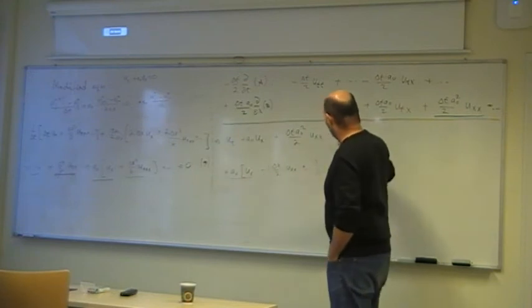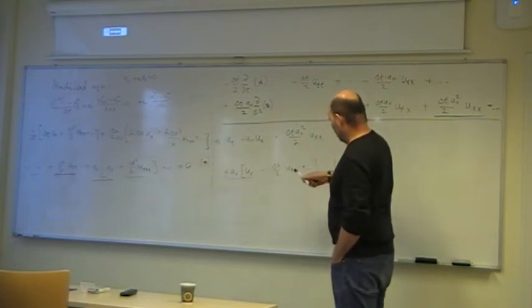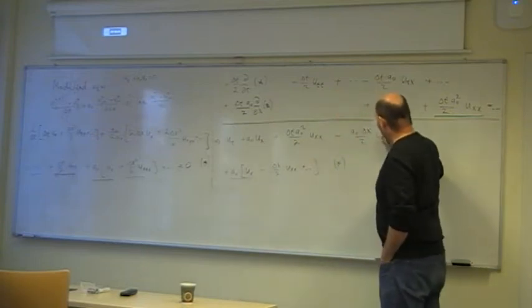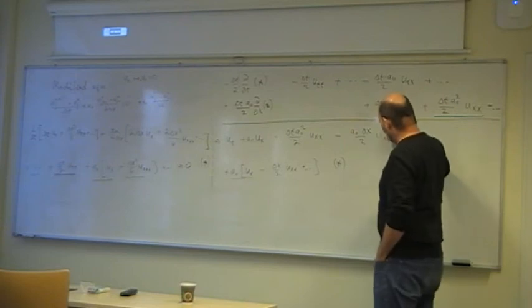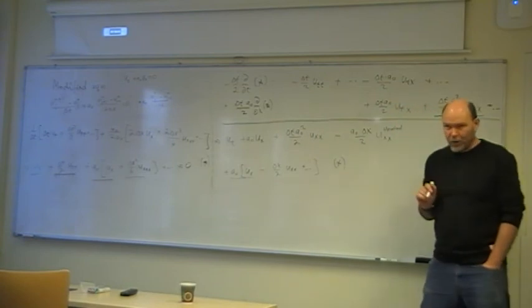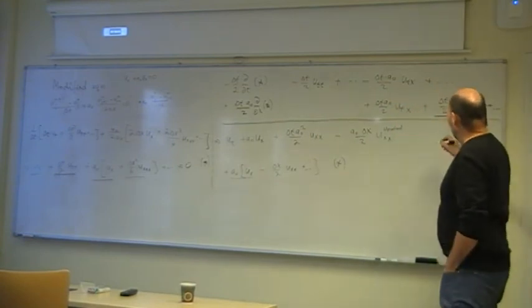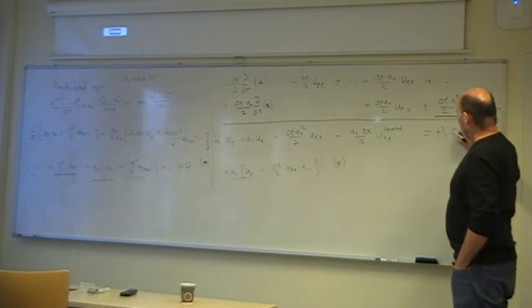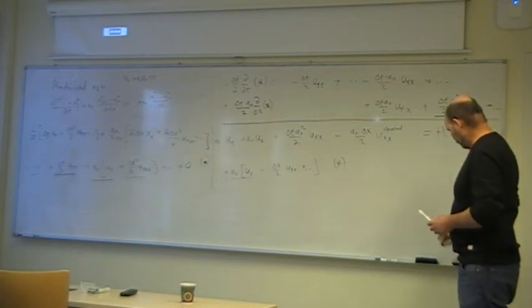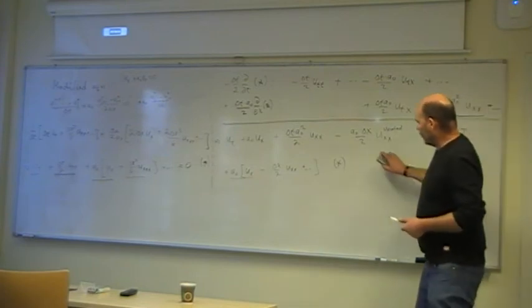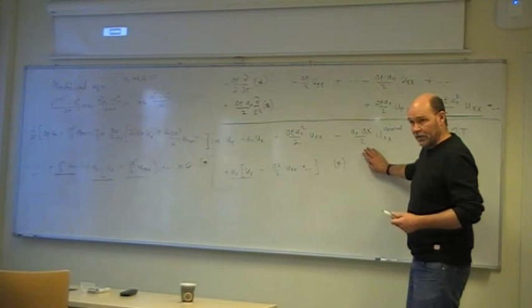It's negative, so I say minus a0 delta x half uxx, upwind version. That's only for the upwind, okay? And this equals higher order terms. Okay, now I can get rid of this, I think. No questions so far? It's okay?